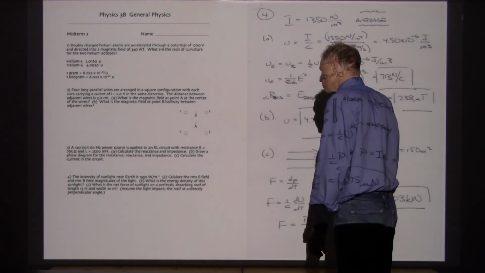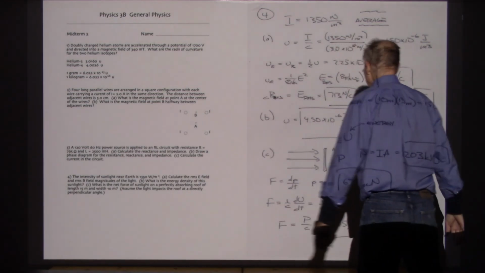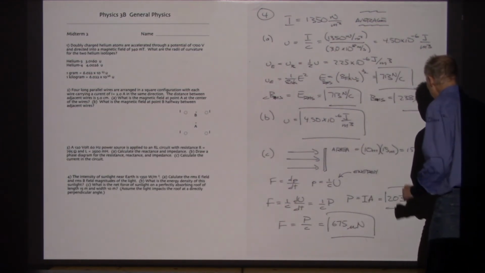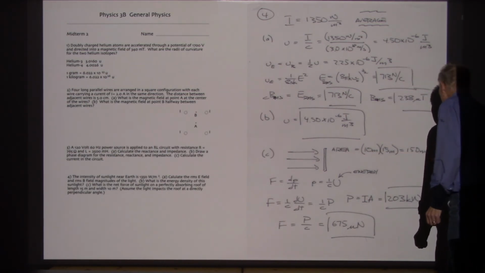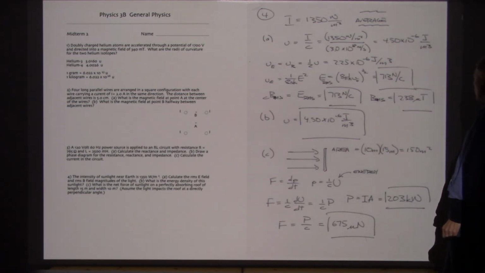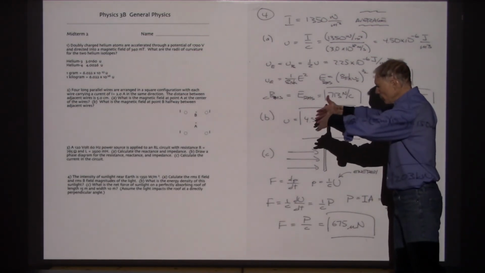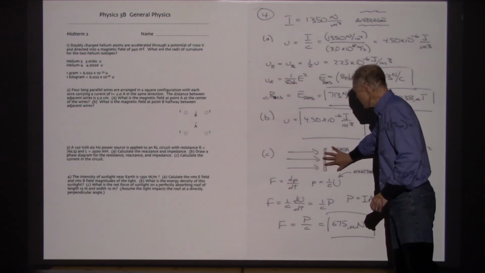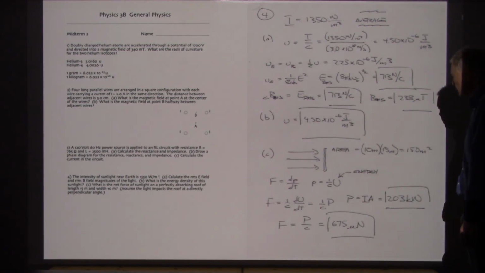part C, what is the net force on a perfectly absorbing roof? So you can see there's kind of a pattern here as to what questions I like to ask. Here is the area of that roof, 150 square meters. And remember, we've built the roof so that the sunlight can come in directly, or it's the time of year where the sun is coming in directly.